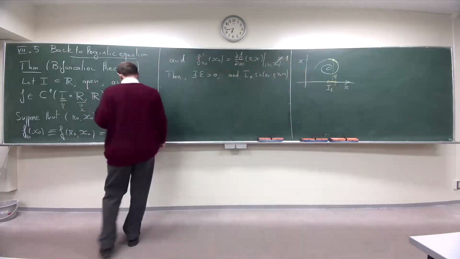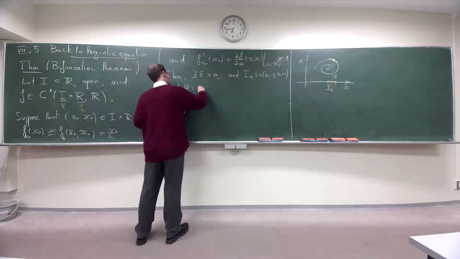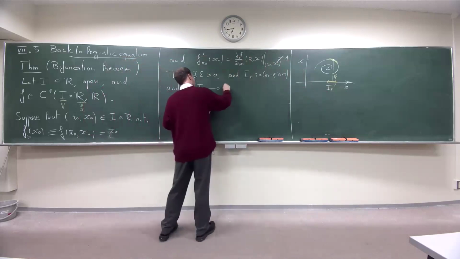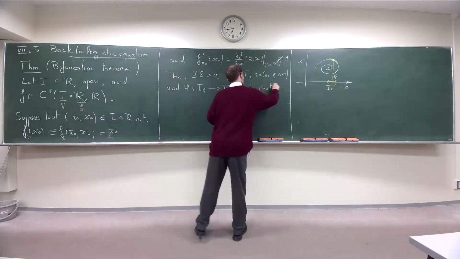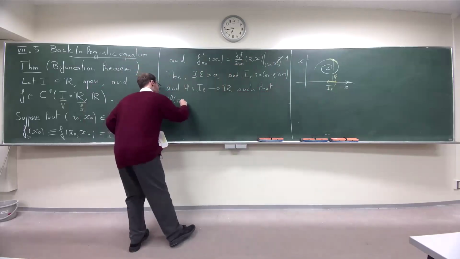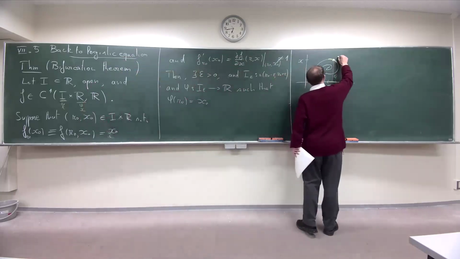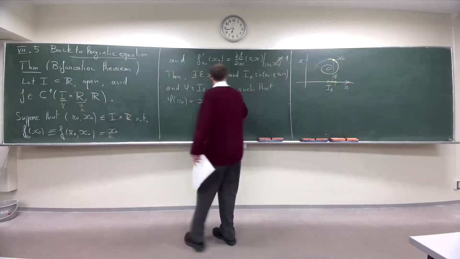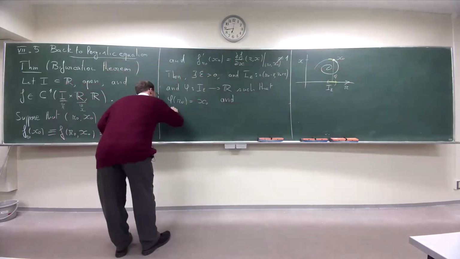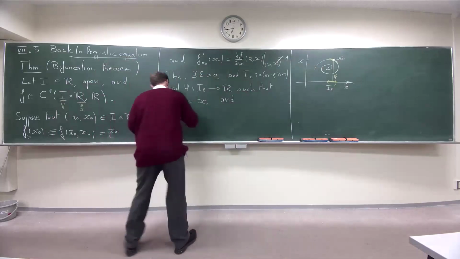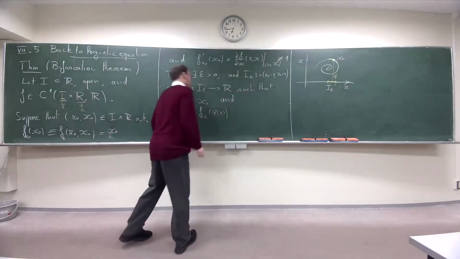So there is such an interval, and phi, which goes precisely from this interval to R, so that first, phi at R0 is precisely the point X0, and phi of R is equal to f of R, phi of R. So it looks complicated.